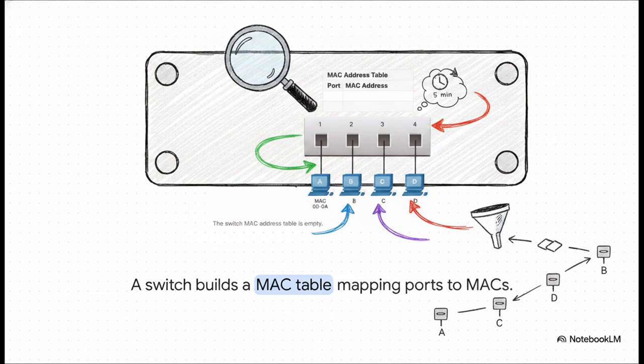If a PC sends a frame into port 1, the switch immediately records that PC's MAC address and maps it right to port 1 in its memory. It even uses a refresh timer. By default, most of these Ethernet switches keep an entry in their table for about 5 minutes. This dynamic, self-building table is what allows the switch to efficiently forward frames only to the specific port where the destination device actually lives, instead of clogging up the entire local network.